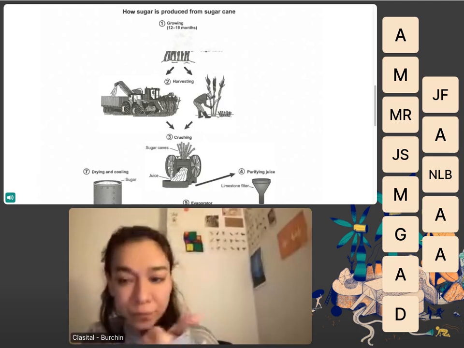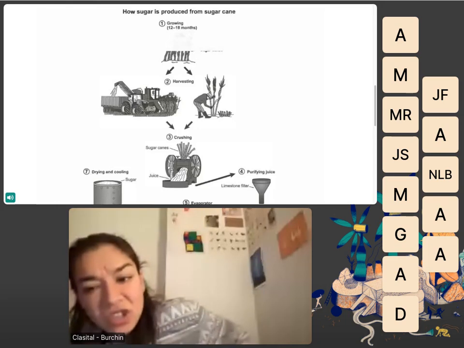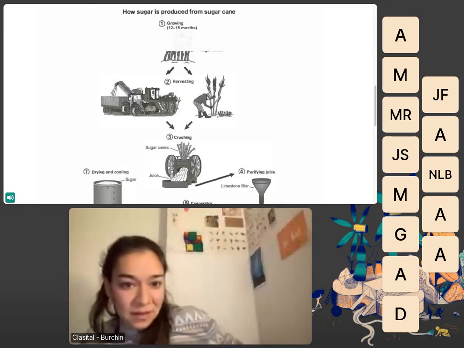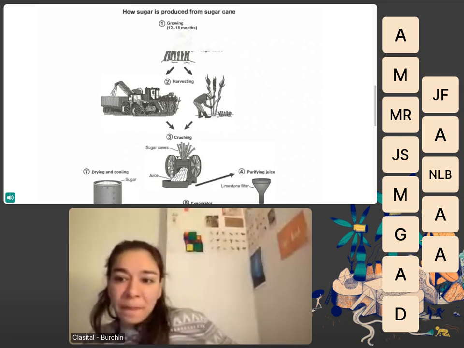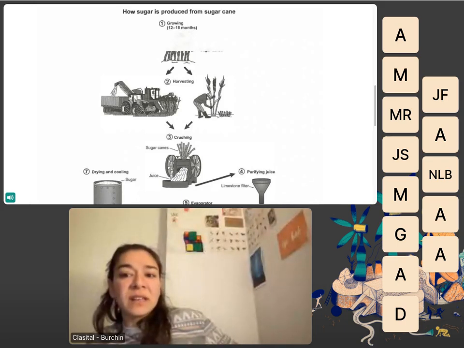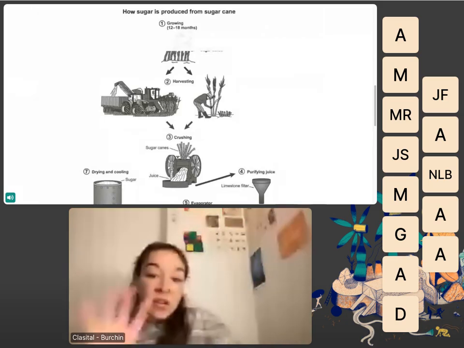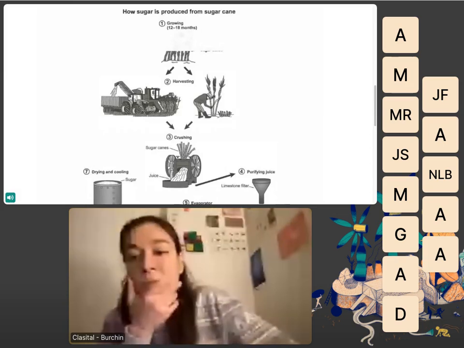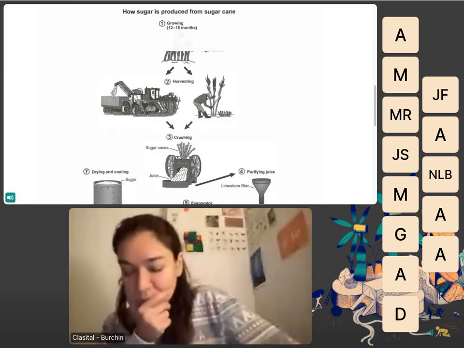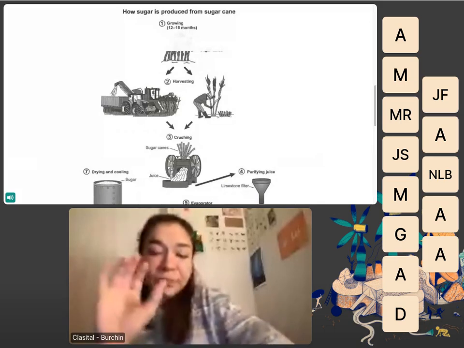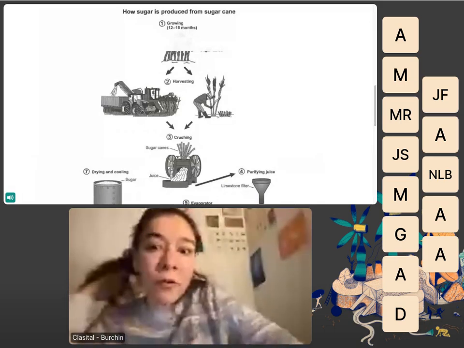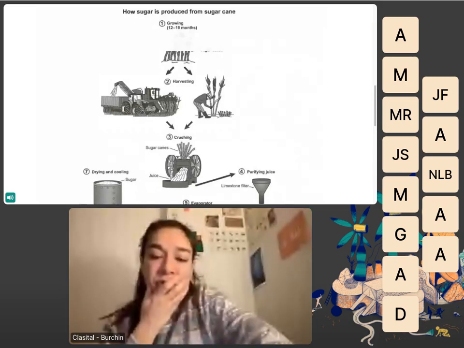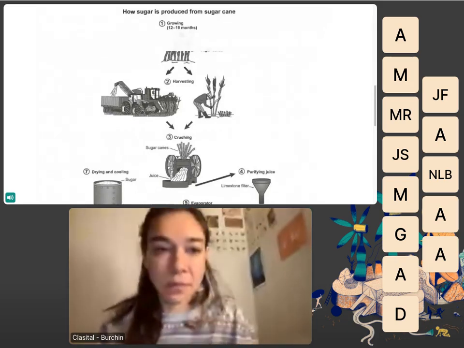In the third step, the sugar canes are crushed by the crushing machine, and after this process it will change into juice. It will turn into, maybe change into juice. Sorry, it will transform to the juice, maybe change into juice, change into.